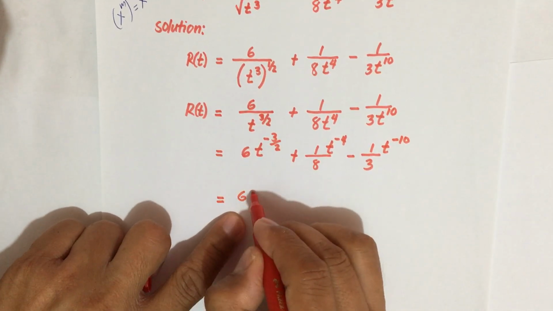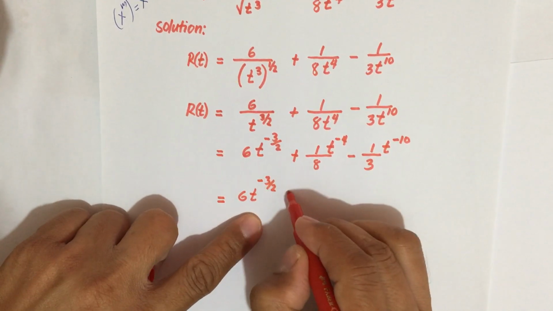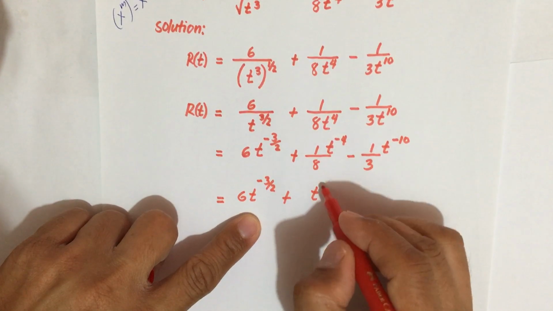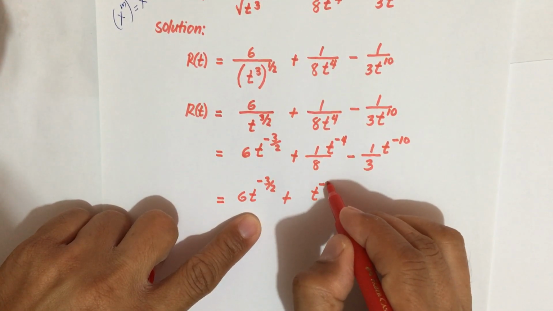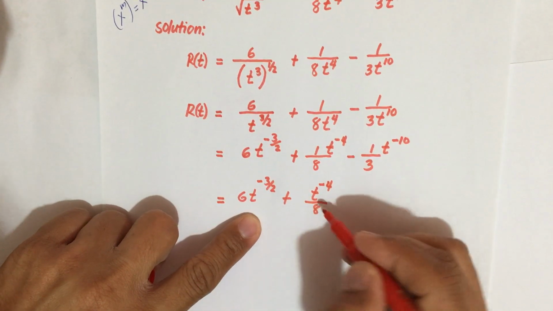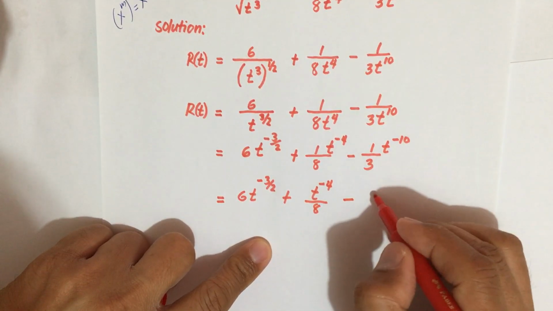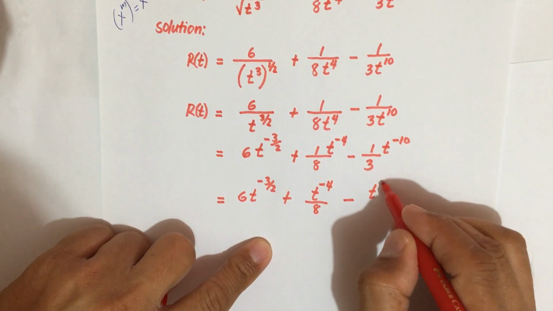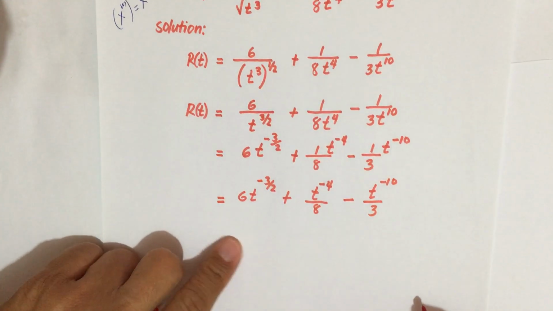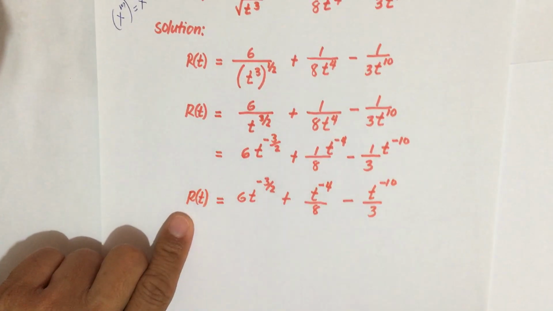So 6t to the minus 3 halves, then plus 1 times t to the minus 4, negative. Okay, so this is now our new presentation. Minus 1 times t to the minus 10 is equal to t to the minus 10 divided by 3. Okay, so this is our r as a function of t.